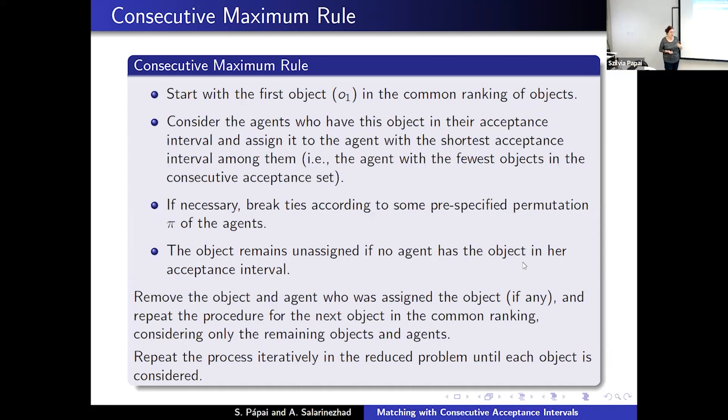If we make that assumption, we get rid of things which are in some sense trivial but add extra technical complications. Let's say we have 5 agents who only have the same 2 objects in their acceptance set. Then clearly only 2 of these can be given an object, the other 3 we have to get rid of, and we have to take care of these cases. If we make that assumption, then we don't need to worry about those cases. But it's not an essential assumption, in the sense that otherwise the results don't go through.